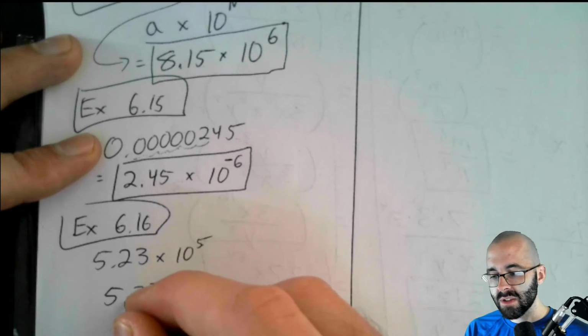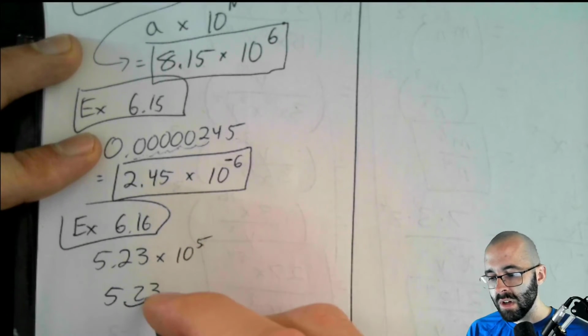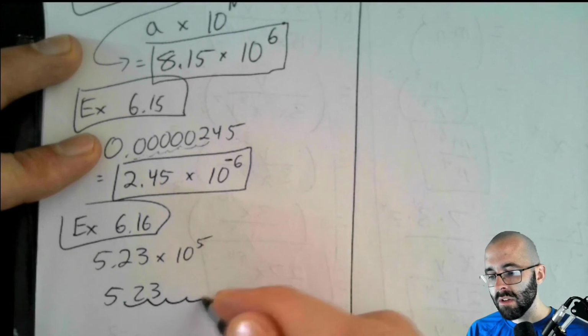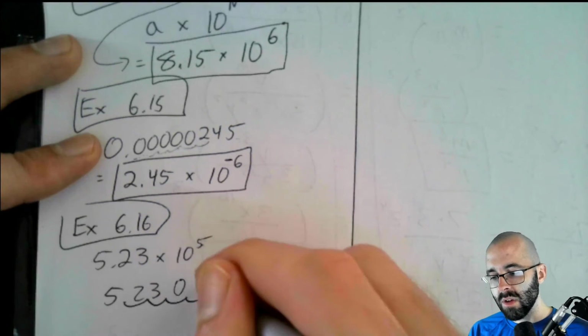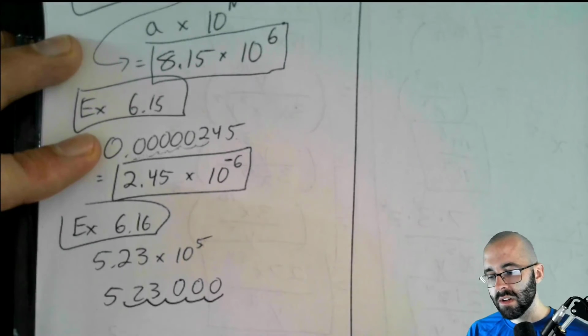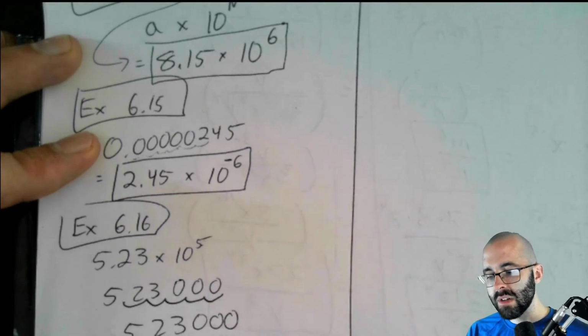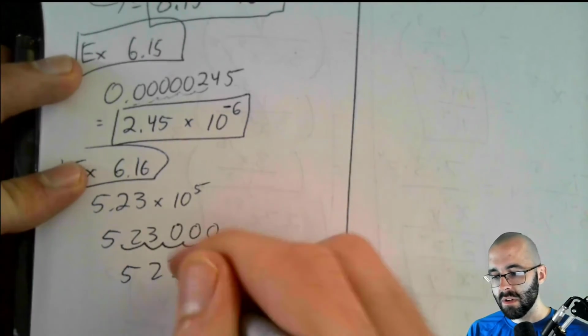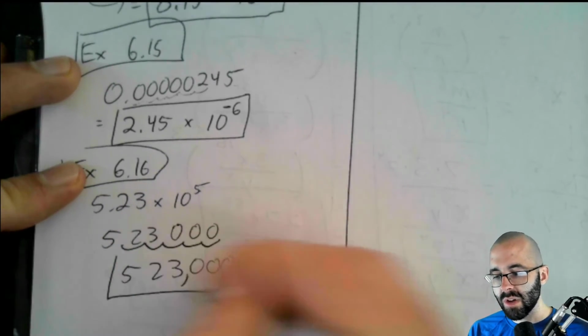So the decimal place has to go to the right in order to make 5.23 bigger. 5 times. 1, 2, 3, 4, 5. Zeros go here. So this becomes 523, 0, 0, 0, and all that's left is figuring out where the commas go. Commas go every 3 digits starting from the right. So 523,000.